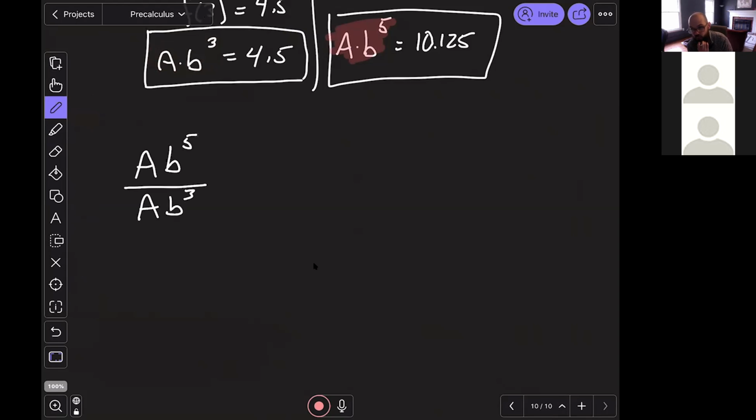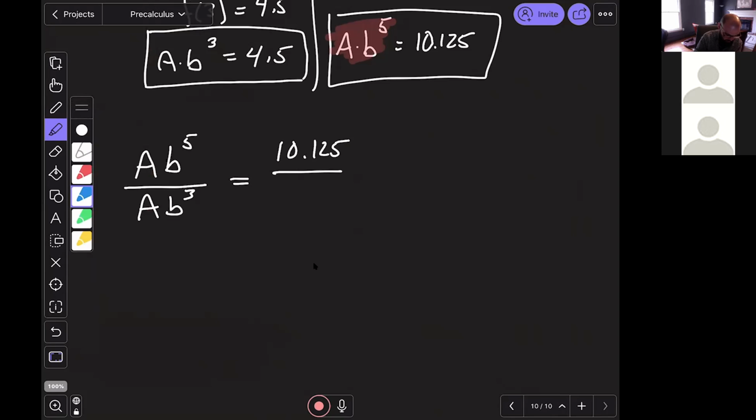It doesn't matter which order you use here. Personally, I always try to put the bigger exponent on top, just so it avoids a step later on where we need negative exponents. So we can keep all our exponents positive. The bigger one I always put up on the top. And then what I know is that A times B to the 5th has to be 10.125.